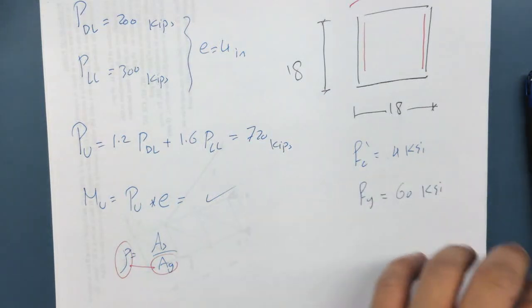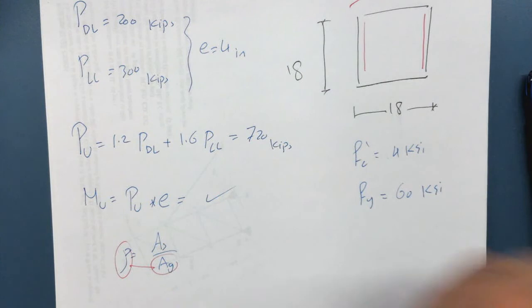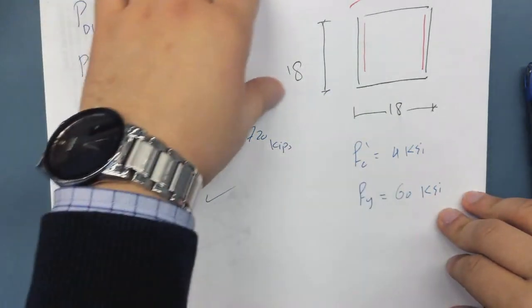Which is again very similar in approach. We have a short reinforced concrete column of a dimension also of 18 by 18 inches. And in this particular problem, we have a total number of steel of 12 bars, number 10.